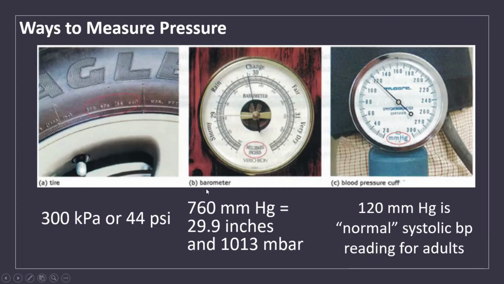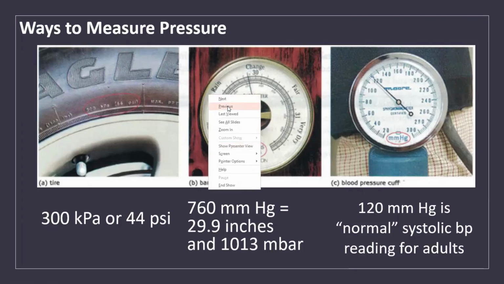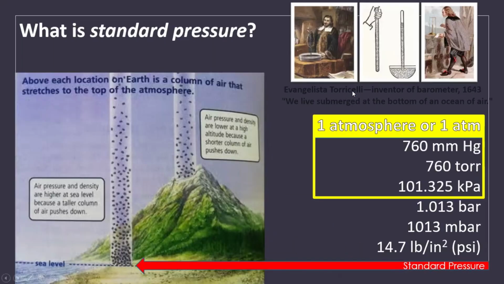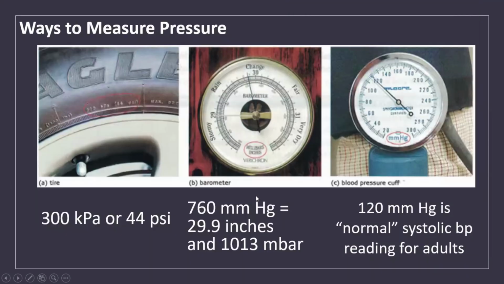Now, barometer is the name that, let me go back just a second. Evangelista Torricelli said one thing: we live submerged at the bottom of an ocean of air. The Greek root word baro means weight, and meter, of course, means measure. So it means measuring weight.